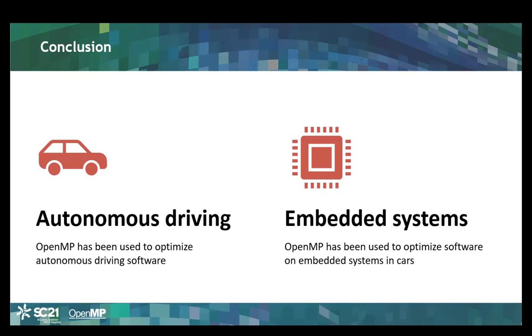And subsequently also, since OpenMP was used to optimize software on embedded systems in cars, it also has a role to play in the embedded systems space. These are just two examples of this role.